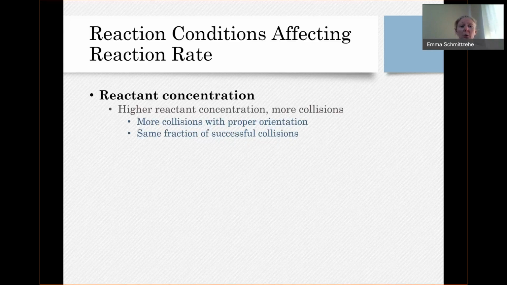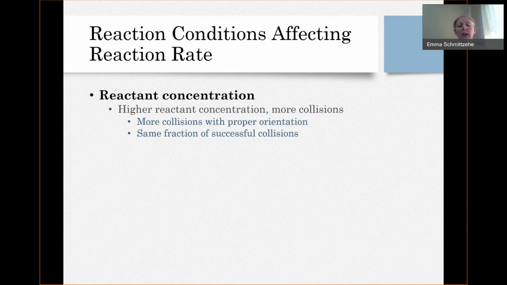If you have 1,000 collisions instead of 100, then in total you're going to have more with the proper orientation, because those extra 900 collisions aren't all going to be with the wrong orientation. Statistically, you're definitely going to have more with the proper orientation. And so that's actually why it speeds up the reaction, because just by chance you're increasing your chances of colliding with the appropriate orientation because you're having more collisions.